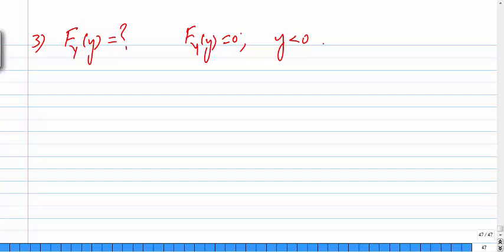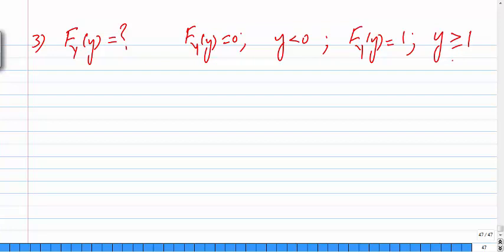We also know that the CDF of y is equal to 1 when y is greater than or equal to 1. These two limits we know from the definition of y. Now in between we have to calculate the definition.